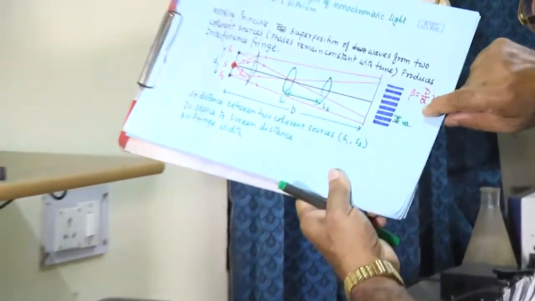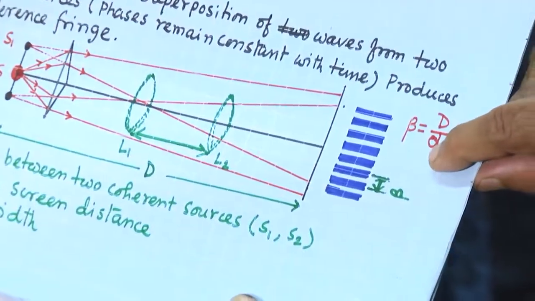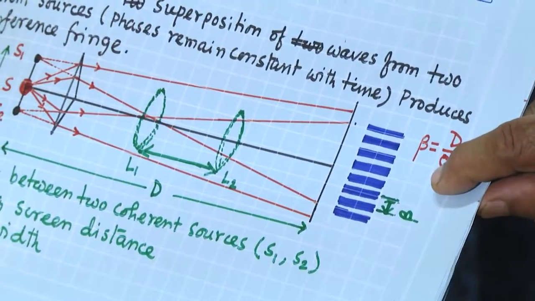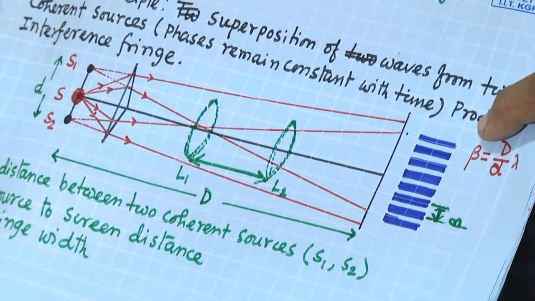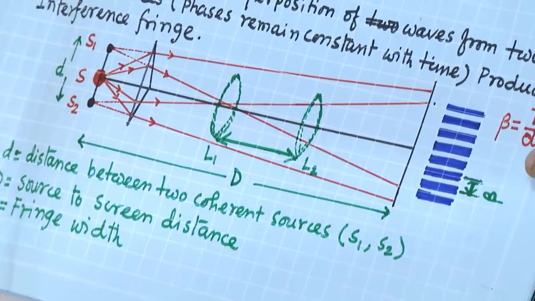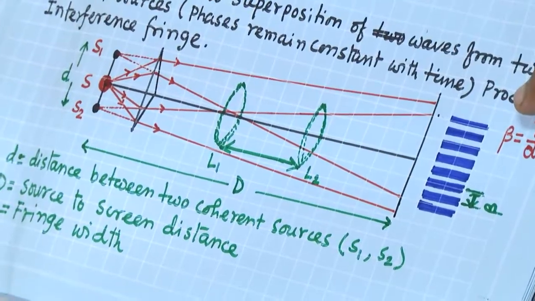Also you can change d to change the fringe width. If d is smaller, the fringe width will be higher. If d is higher, the fringe width will be lower.